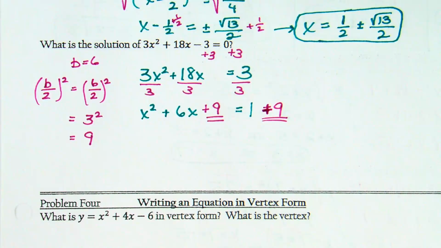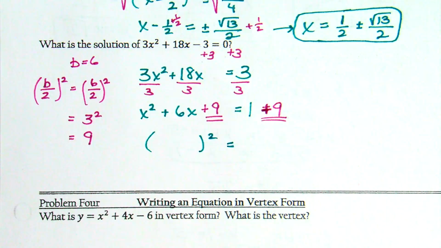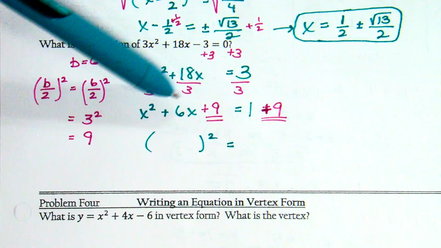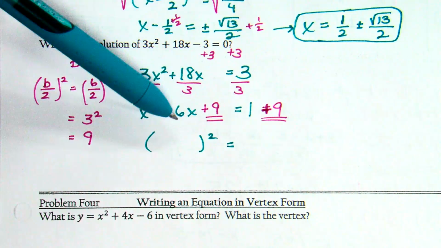What is step 3? Factor the left. And remember, anytime we say factor the left, it's parentheses squared. If you would rather think what multiplies to be 9 and adds to be 6, you could think like that. What multiplies to be 9 and adds to be 6? 3. Or, I've been doing square roots, right?